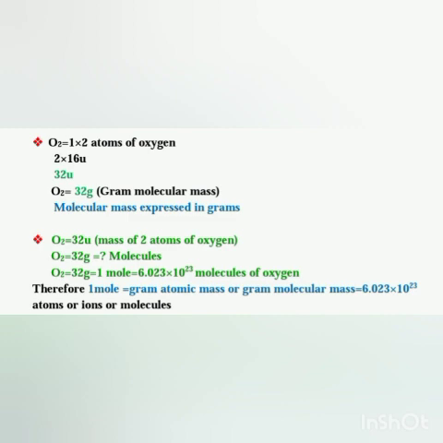So in total it will be 32U, which means the molecular mass of the oxygen molecule is 32 units, the mass of one molecule of oxygen or two atoms of oxygen. So if I write it as 32 grams, then I can call it gram molecular mass. Gram molecular mass is nothing but the molecular mass of a molecule expressed in grams, and gram atomic mass is the atomic mass of an atom expressed in grams.